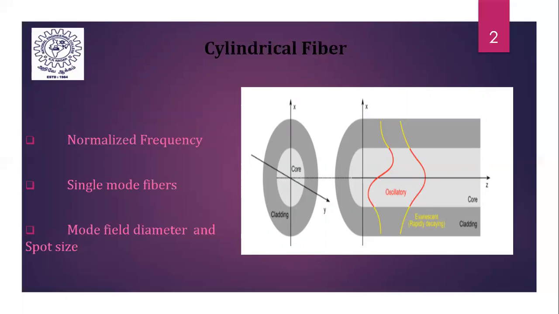To get a better insight into the propagation of light inside an optical fiber, and to understand it qualitatively as well as quantitatively, we have to refer to a more advanced model of light, which is known as the wave model. The wave model treats light as a transverse electromagnetic wave.